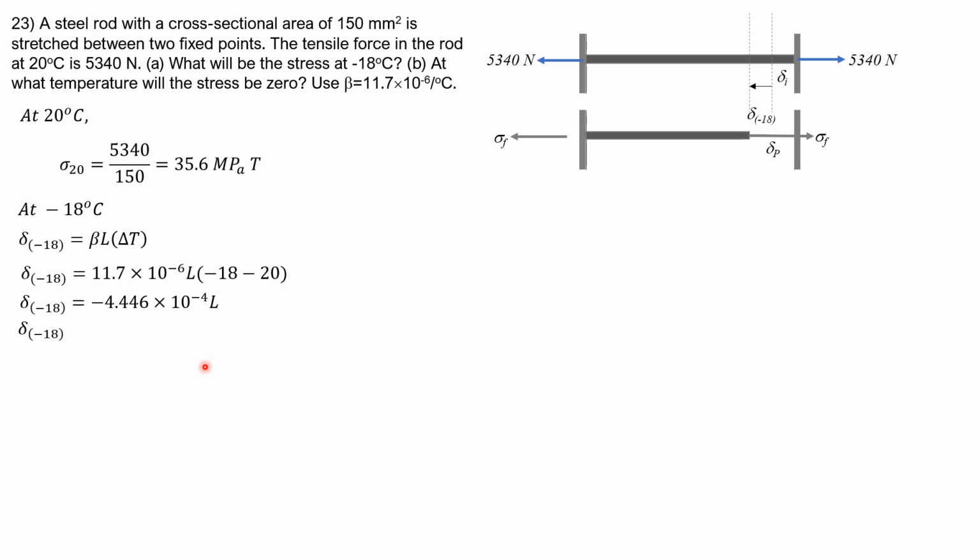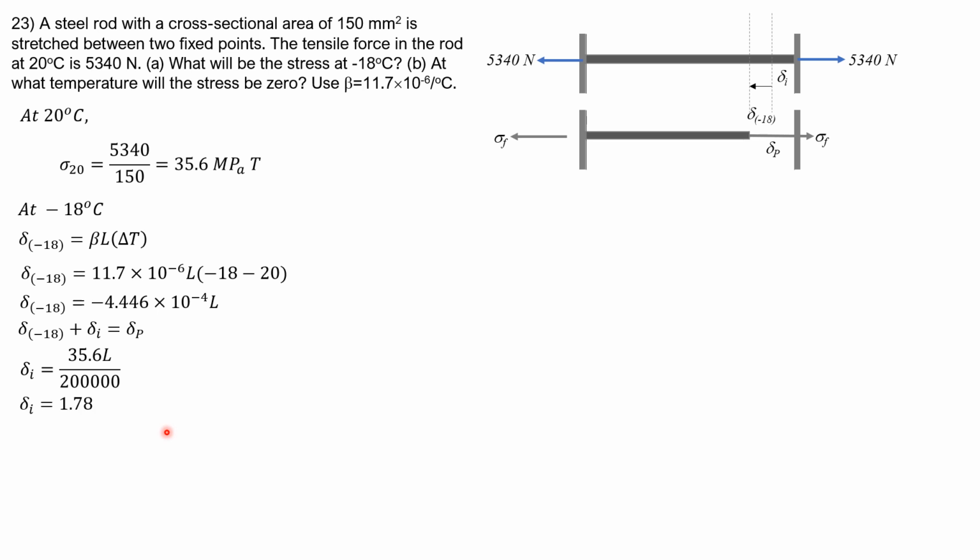Then displacement at negative 18 plus displacement initial equals displacement final. So let's make this positive. Displacement initial is stress 35.6 L over modulus of elasticity.